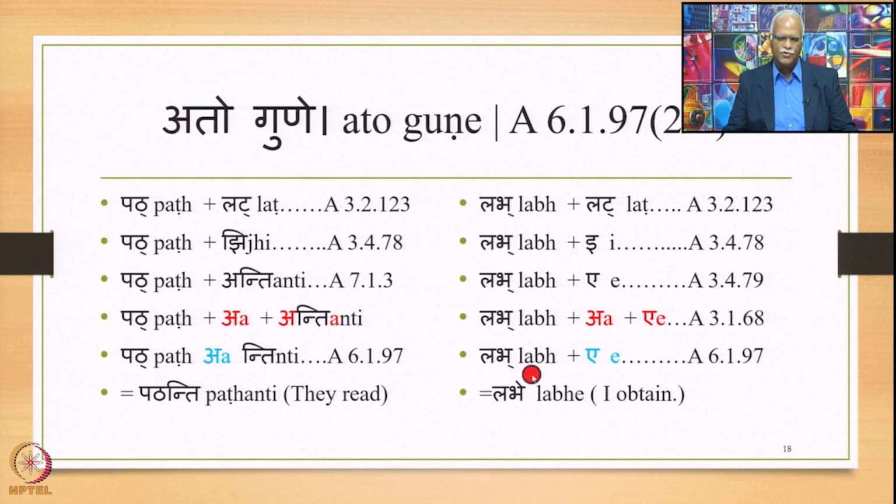So then the next step would be labha plus a. This a is the substitute in place of this a as well as this a. So we have labha plus a, labhe, which means I obtain. This is ato gune.